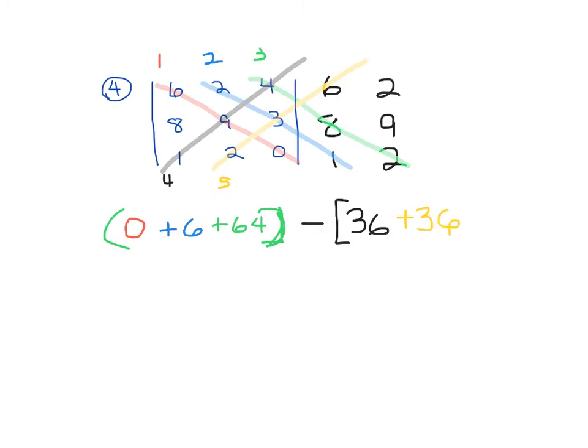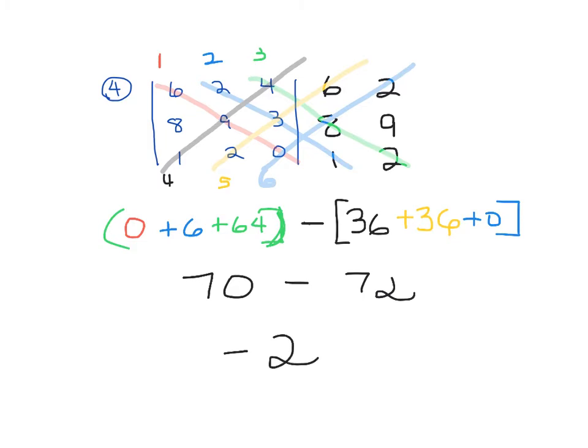And then lastly, 0 times 8 times 2. Anything times 0 is 0. So I'll put plus 0. Going to add each of the brackets or the parentheses. So I get 70 for this one and 72 for this one. I subtract them and I get -2.